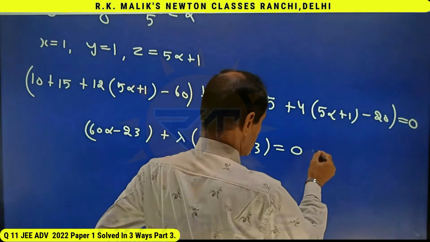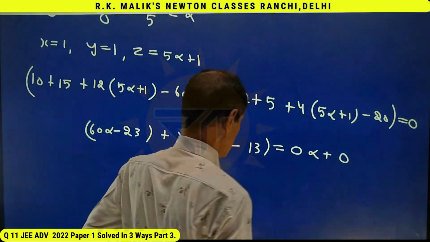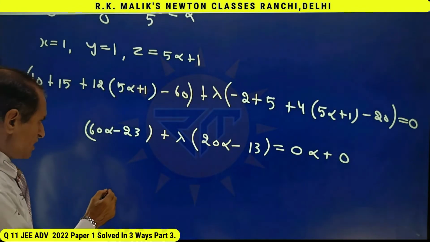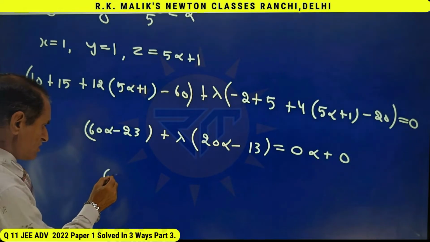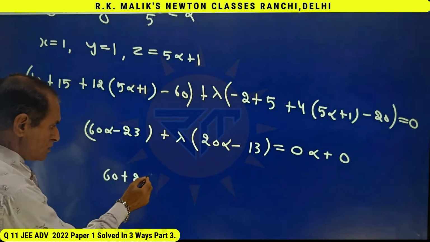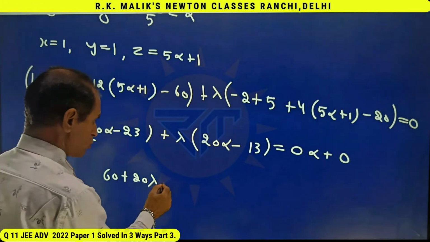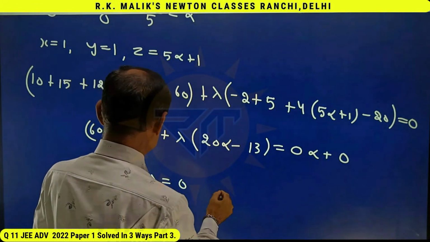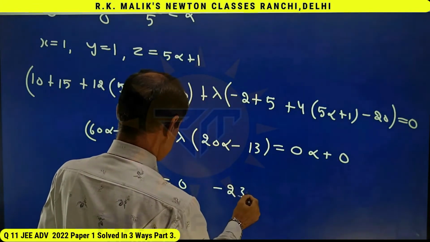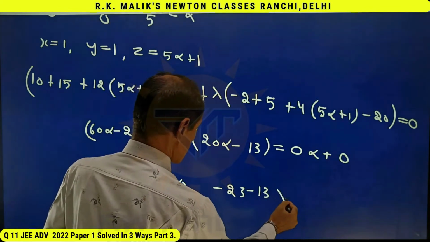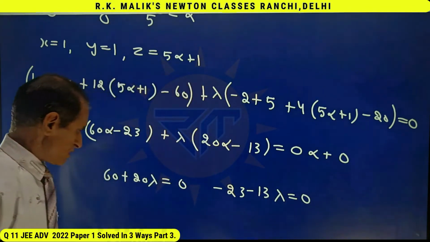Right hand side can be written as 0 alpha plus 0. That is, I will get 60 plus 20 lambda equal to 0 and minus 23 minus 13 lambda equal to 0.